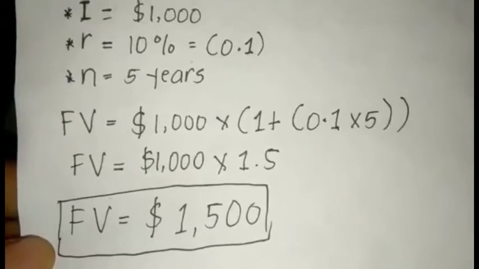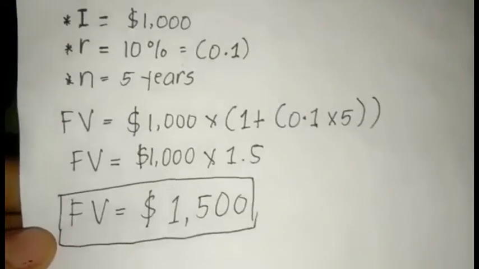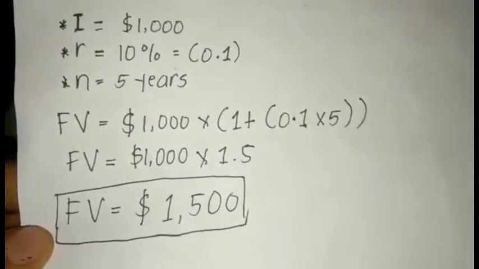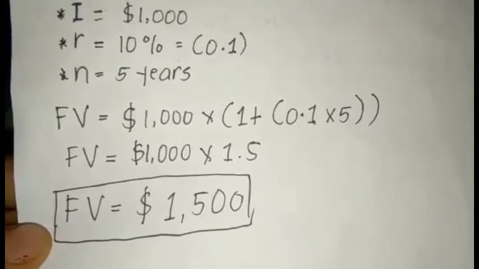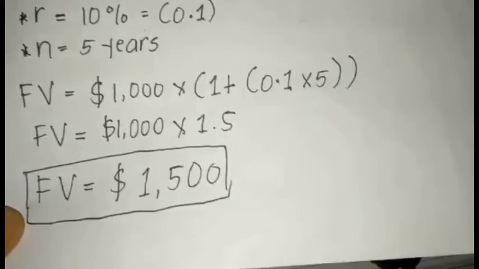For the final step, you multiply the investment amount by the sum. $1,000 times 1.5 is equal to $1,500.